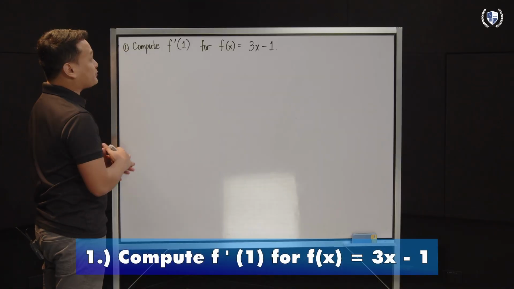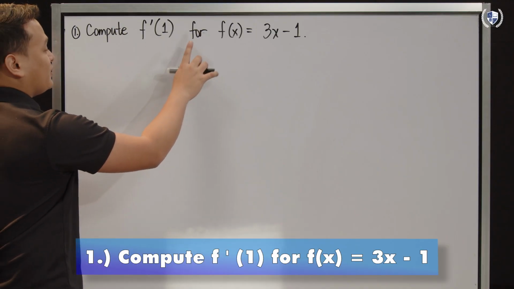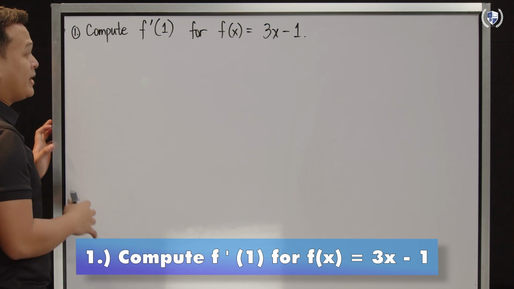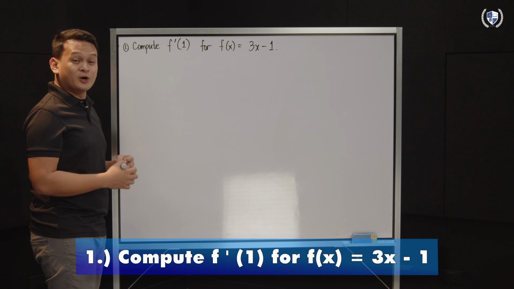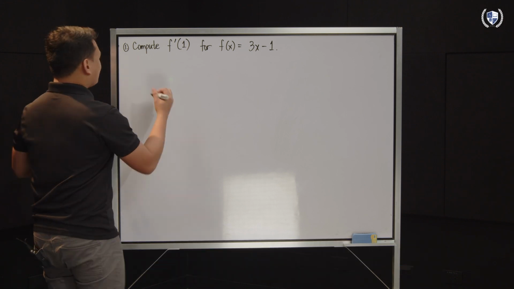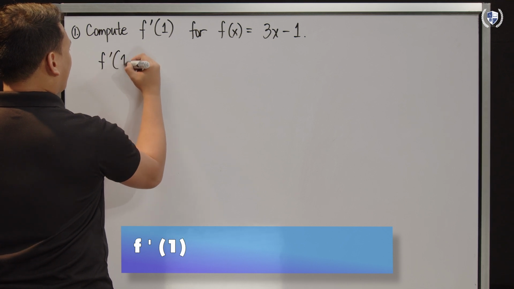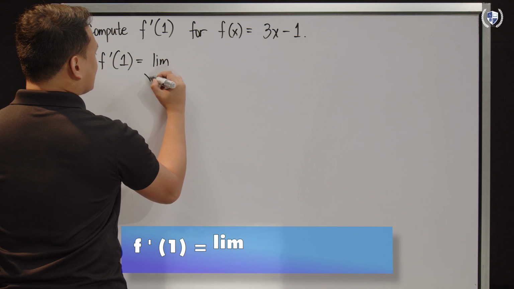Let's say we're trying to compute for the first derivative or for the derivative na ang value ng x natin ay 1 for our function f of x equals 3x minus 1. And paano natin gagawin yun? Siyempre, gamitin natin yung formula na binigay natin kanina lang. So, to get the derivative, f prime of 1, this one is equal to the limit as x approaches.